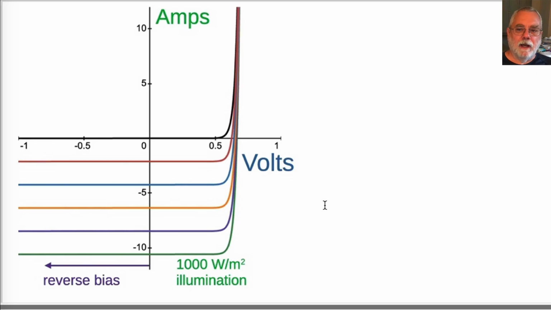For an ordinary diode, all positive voltages are called forward bias, though we only get appreciable current above half a volt. I don't know if terminology is different for solar cells, but some videos call the lower right quadrant reverse bias. This terminology will not matter for this video.